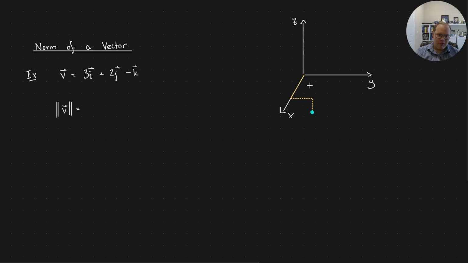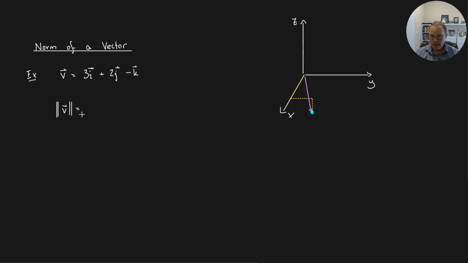If I think about the vector that points to that, that's the vector I want. Vector that points from the origin to that point. So if I could find how far this point is from the origin, that would also tell me how long the vector is. So I just use the distance formula, or the three-dimensional analog of the Pythagorean theorem.